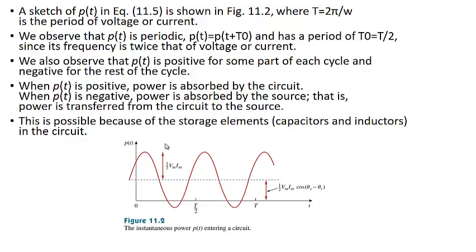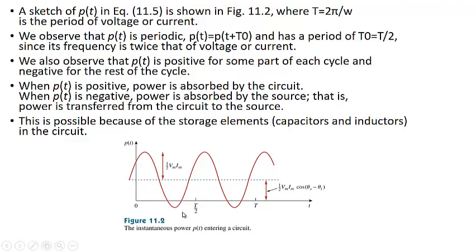When the instantaneous power has both negative and positive parts, the power oscillates, or we can say it is transferred between circuit and source. The negative power is only possible because of storage elements like capacitors and inductors. And in general, you will always see that the positive part is greater than the negative part.